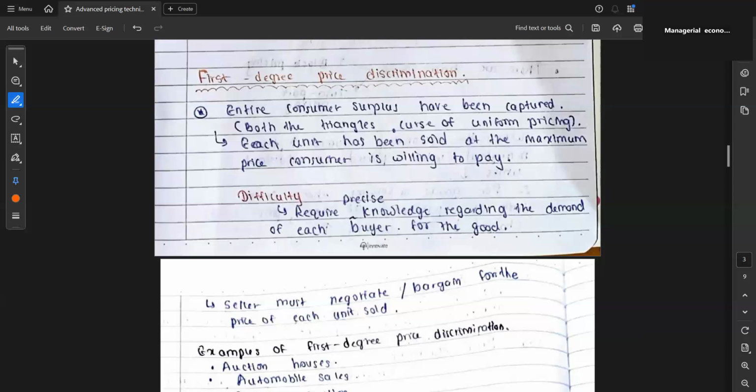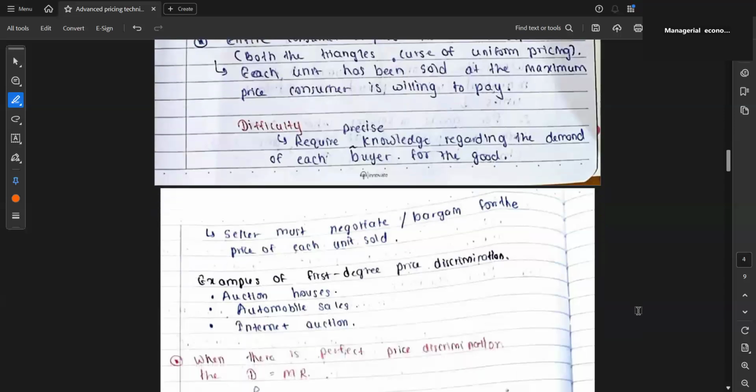But can a firm actually do this? No, in a practical scenario, it's very difficult because the seller will have to have precise knowledge regarding the demand of each buyer for the good. So the price elasticity of demand for each consumer, why they need the product, everything should be known by the seller.